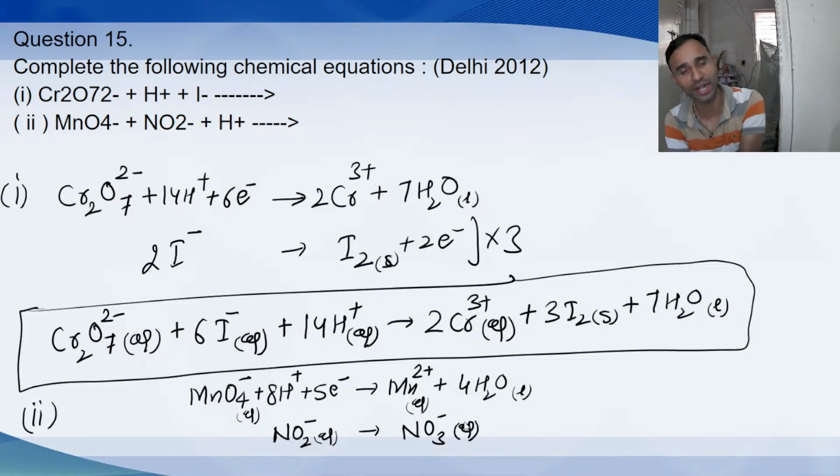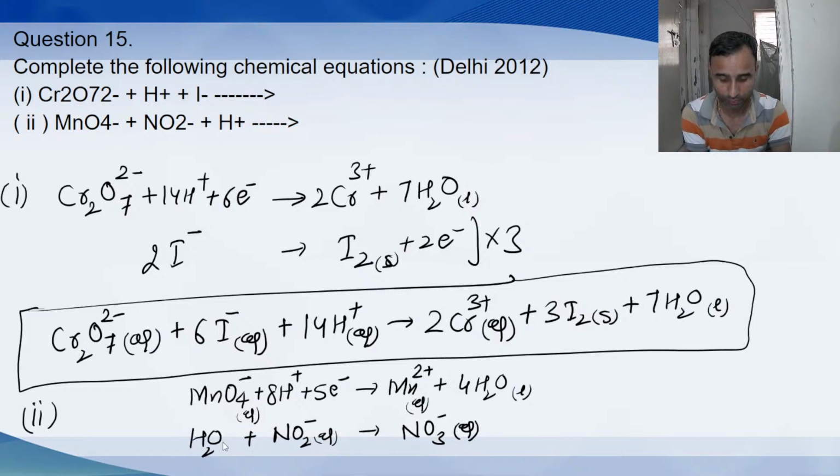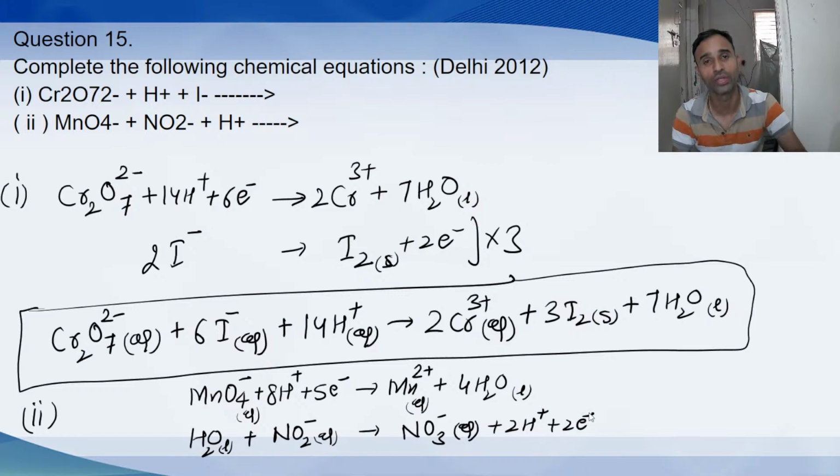Nitrite gives nitrate ion. So add H2O to the side deficient of oxygen, and double the number of H+ ions on the opposite side. So total 2 electrons on the right side. So multiply by 5 and by 2.